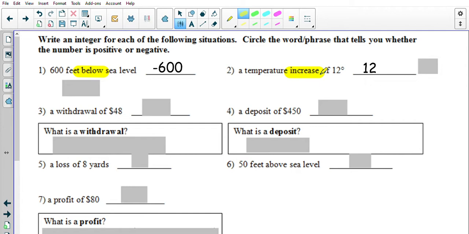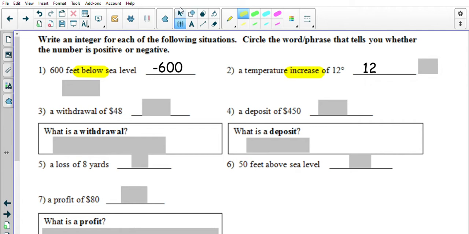Numbers 3 and 4 I really like because they use terms that we need to be familiar with in real life, like withdrawal and deposit. So in number 3, I have a withdrawal of $48. You have to know what a withdrawal is in a real life situation. And you don't have as much real life experience with this word or this term in terms of money and banking. So let's talk about what it means.